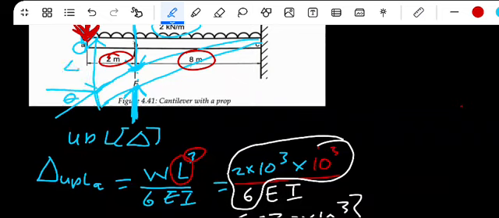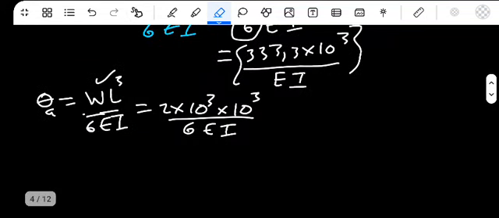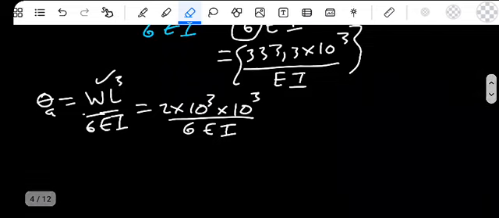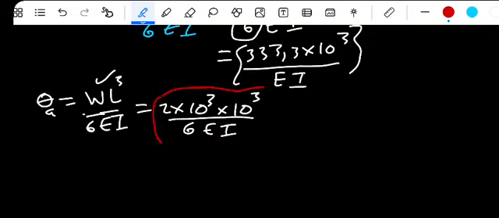This is the deflection, but the angle will be at the end, and either way that is our theta. So at A, if you are wise, you're supposed to see that you can multiply this like that.